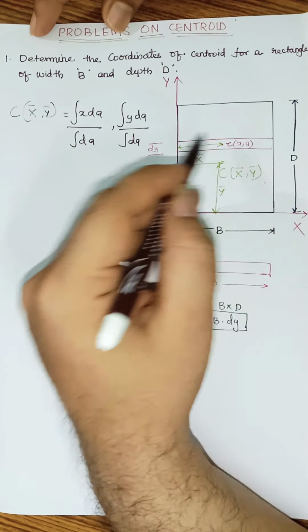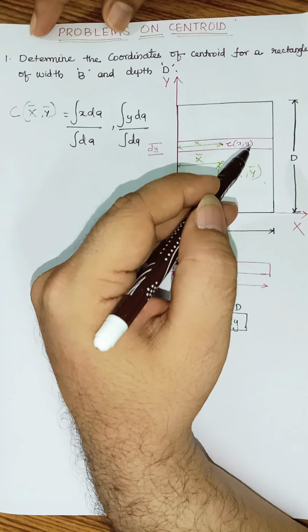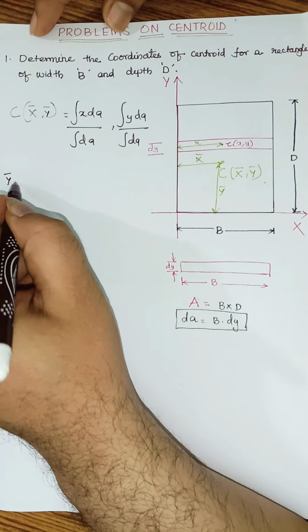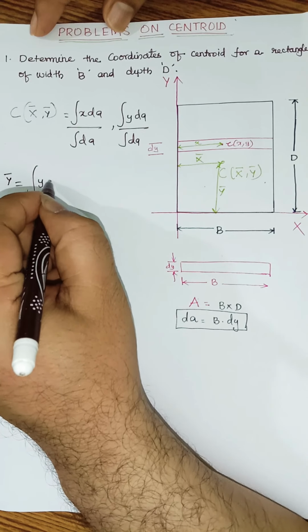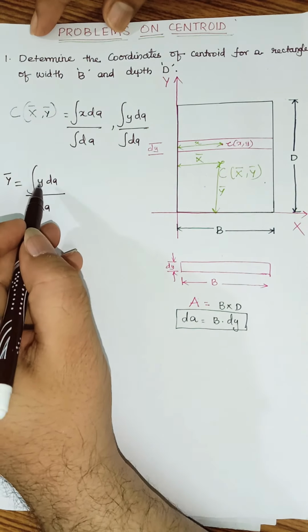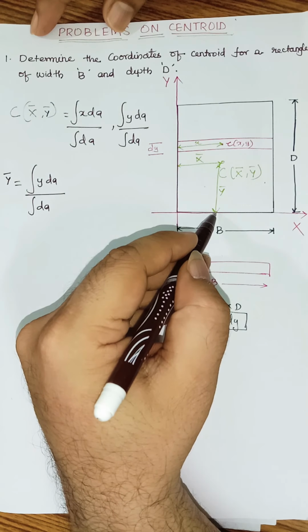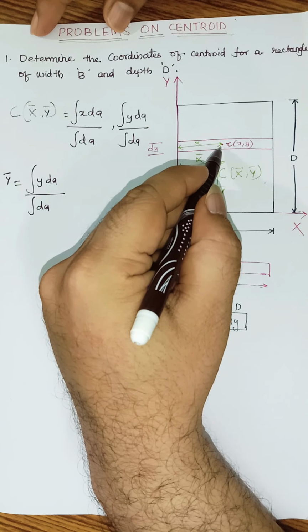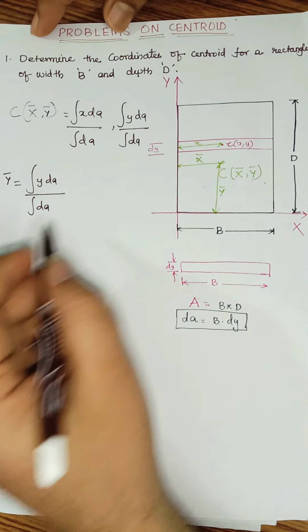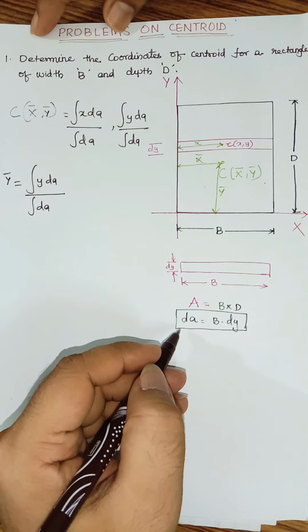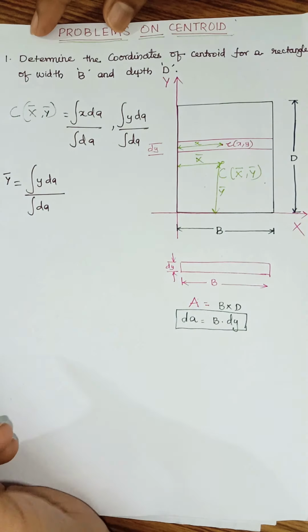Now as I have taken the horizontal elementary strip, you can consider y bar, which is equal to integral of y dA by integral of dA. Here y represents the distance from the reference x-axis to this point C. Now dA is the area of the strip which we have already derived, that is dA is equal to B multiplied by dy.